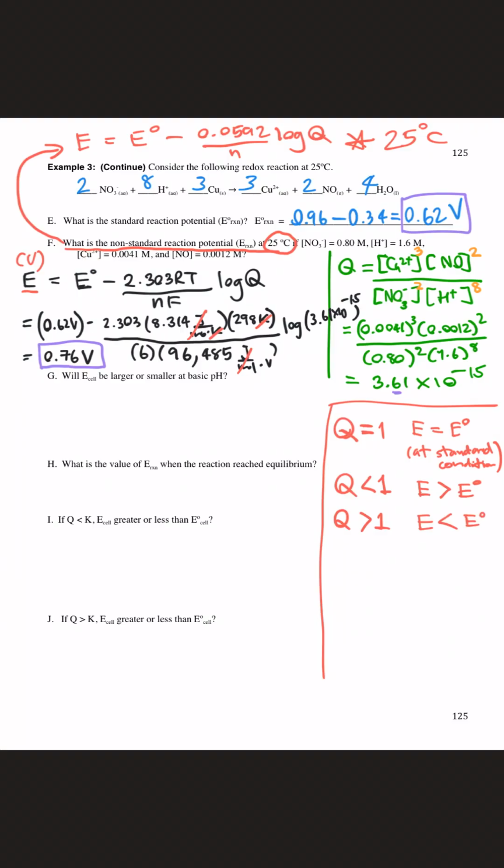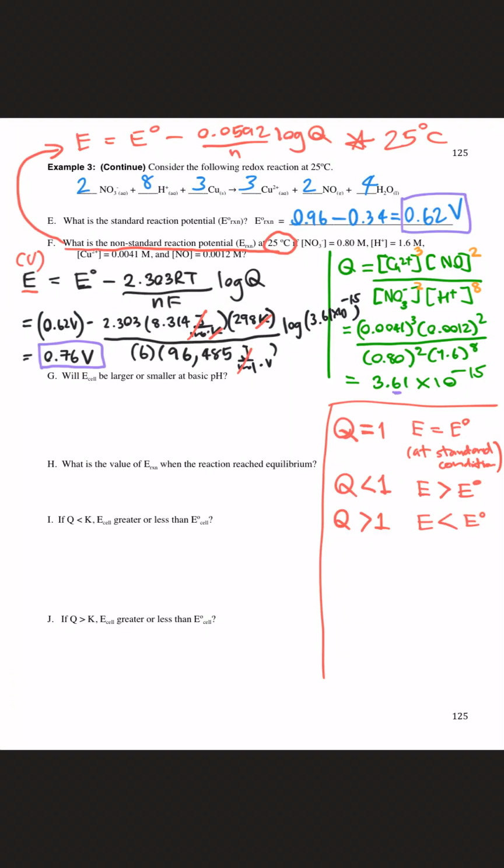Again, to summarize this, whenever you see Q less than 1, the reaction potential at the non-standard condition would be greater than the standard reaction potential. The reason for that is because the forward reaction is slightly more spontaneous. On the other hand, when Q is greater than 1, the non-standard reaction potential will come out to be less than the standard reaction potential.